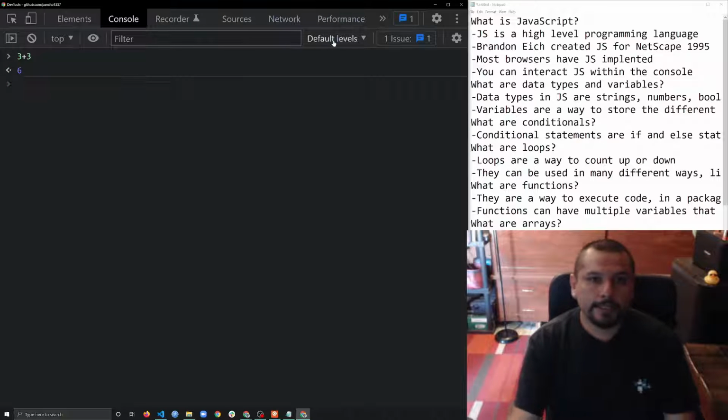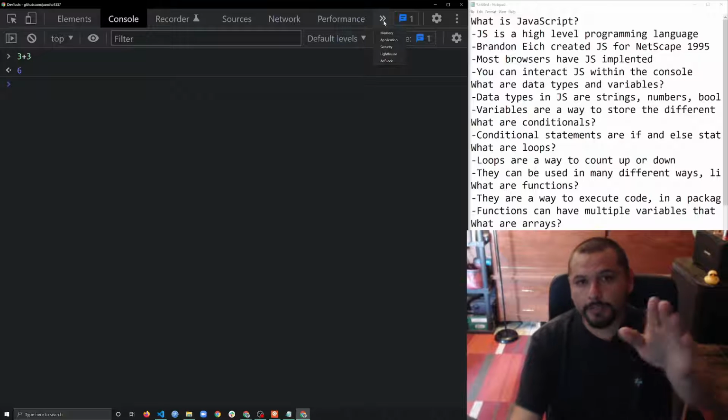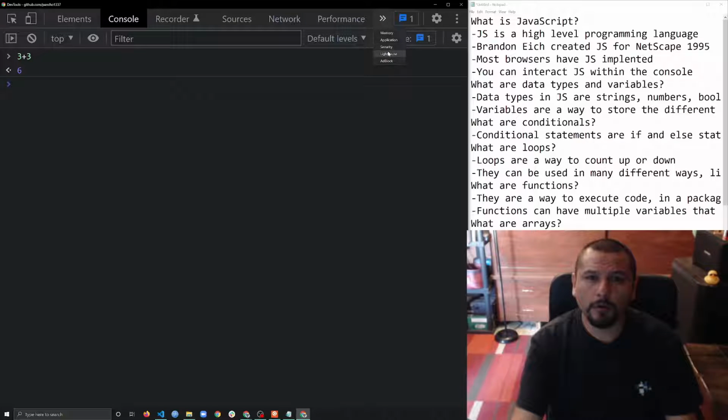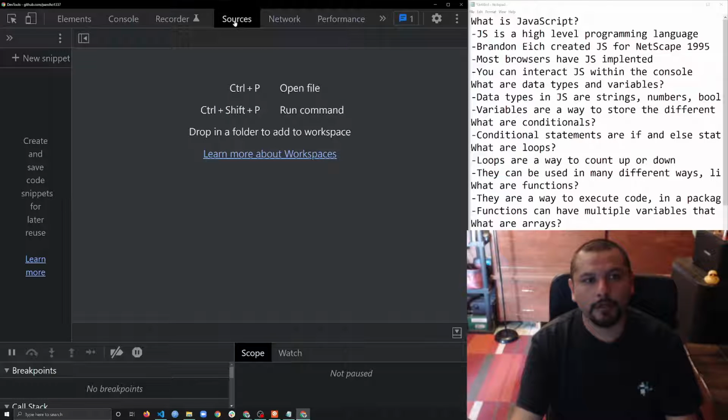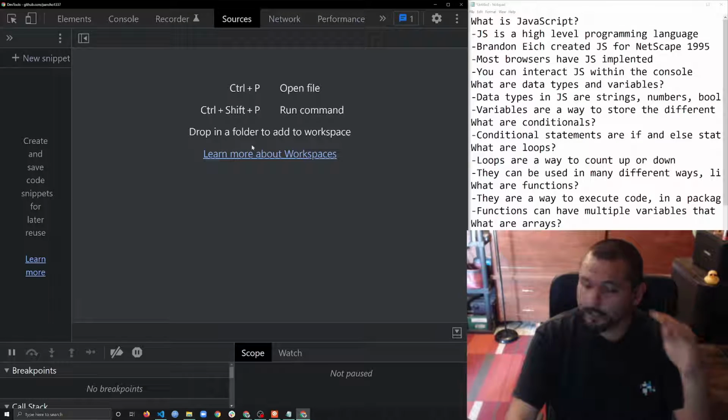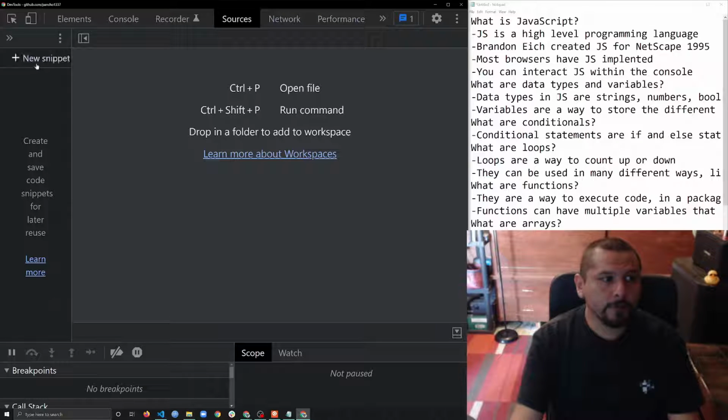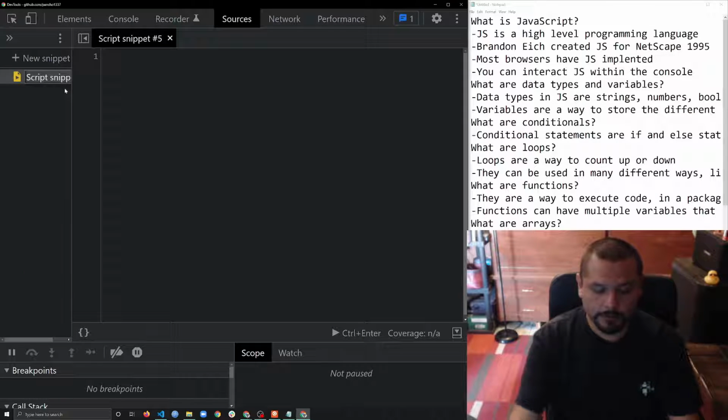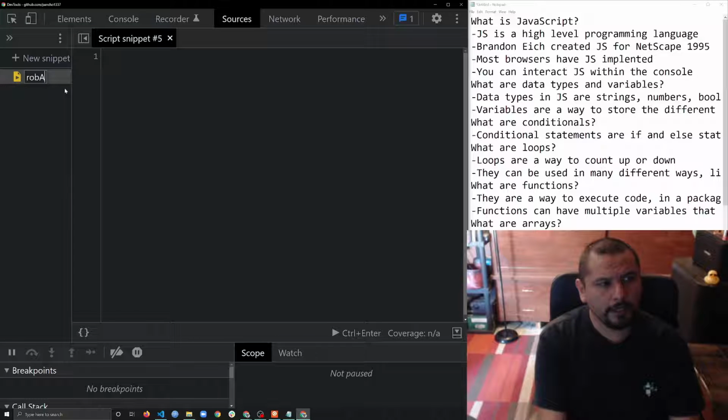Inside of here, you can click on the two little corner pieces. And if you go over to, I'm sorry, sources, it's right here. Sources can give you a place to write JavaScript. If you click on the plus sign to create a new snippet, let's call it rob a bank.